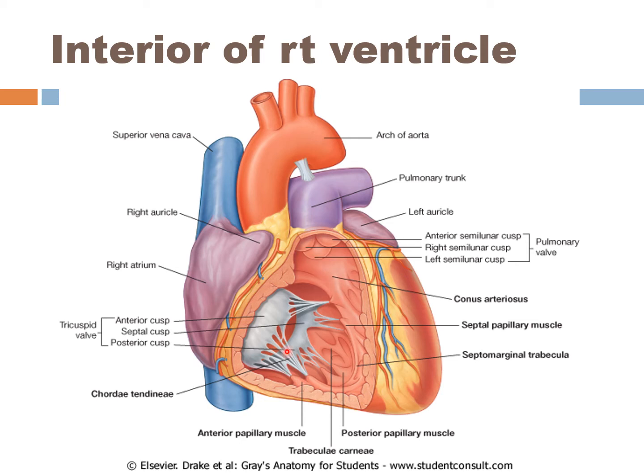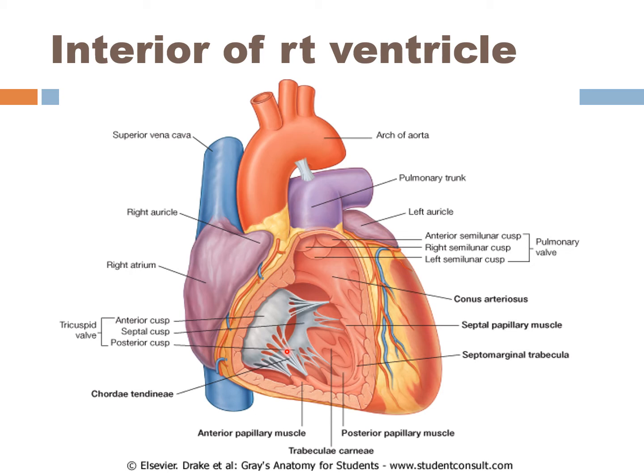So the inflowing and outflowing parts of the right ventricle. The interior of the right ventricle divides into these two portions. The inflowing tract is the rough part, the ventricle proper, and the outflowing part is the smooth part, known as the conus arteriosus or infundibulum.